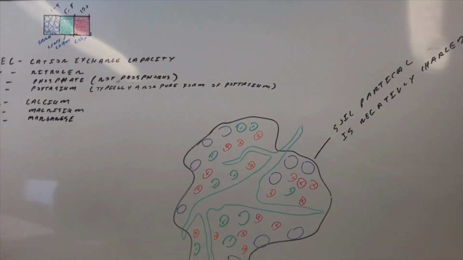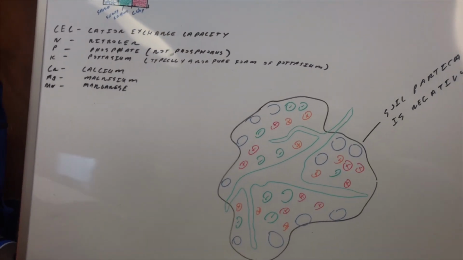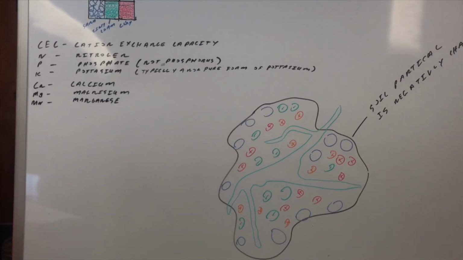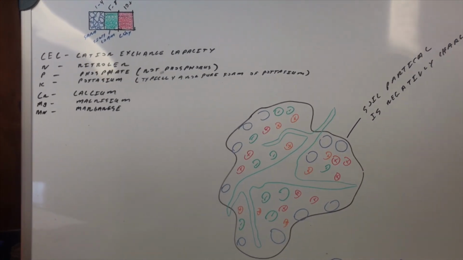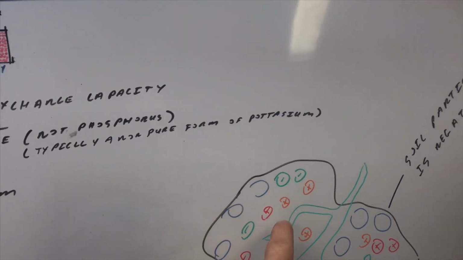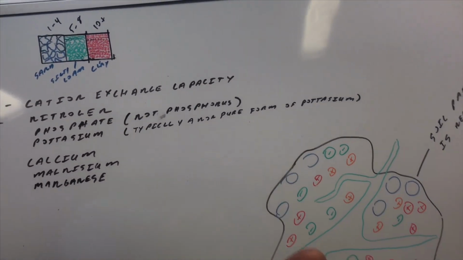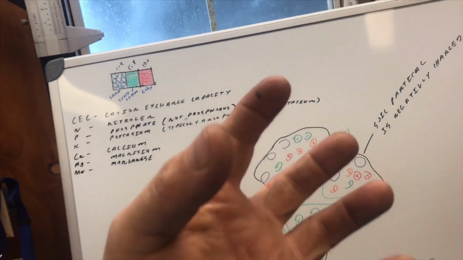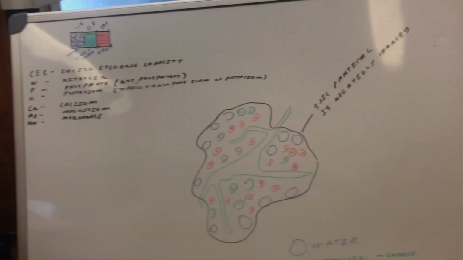The biggest thing that it's doing is it is actually adding negative charges to the soil, either by particles or by binding to the soil and giving more area for these positive charges to adhere to and allow the nutrients to be absorbed.